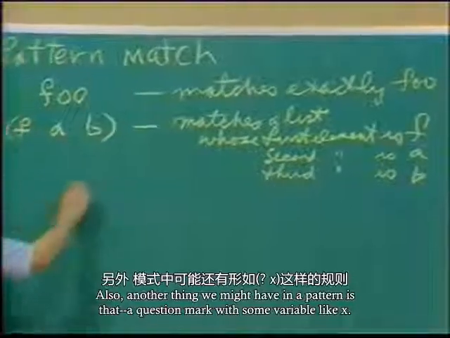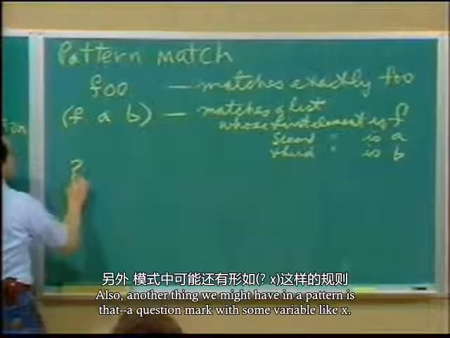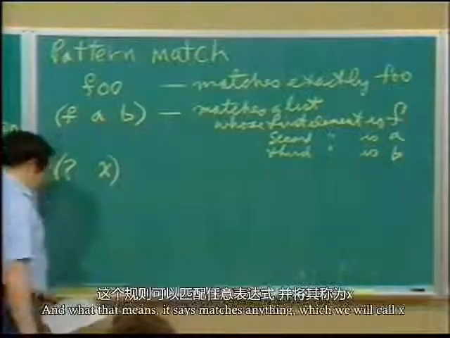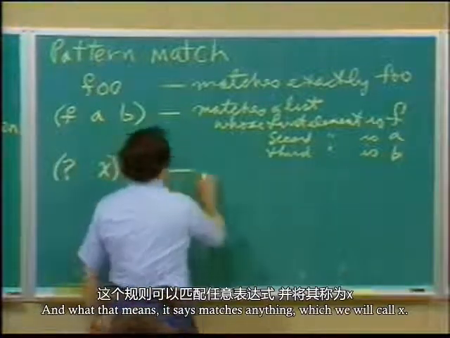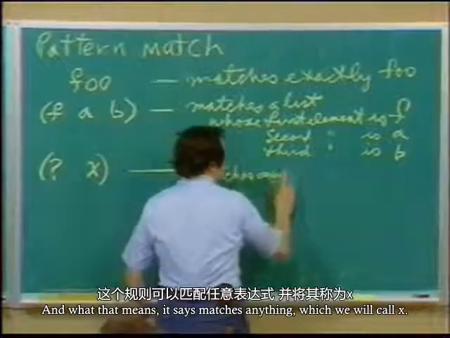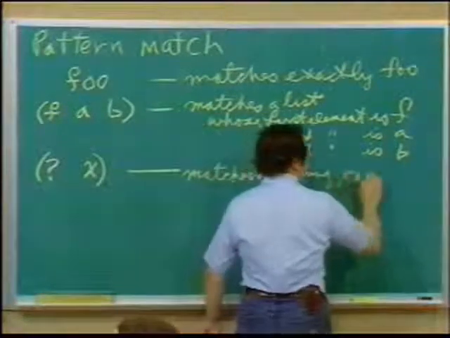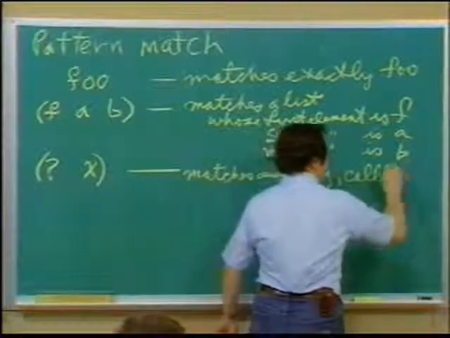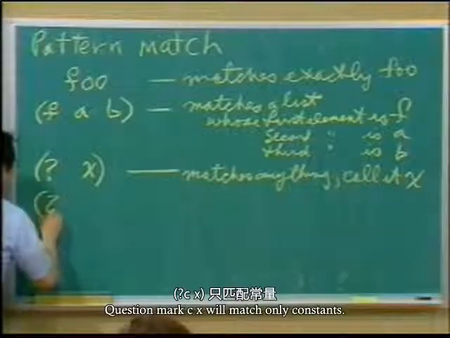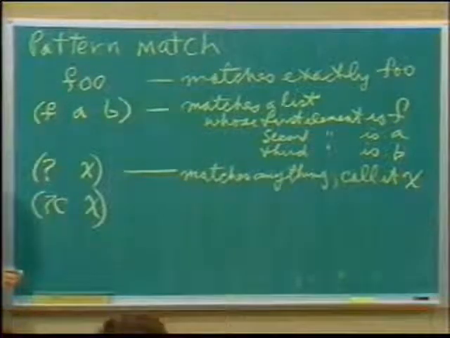Also, another thing we might have in a pattern is a question mark with some variable like x. And what that means is it matches anything, which we will call x. Question mark cx will match only constants.